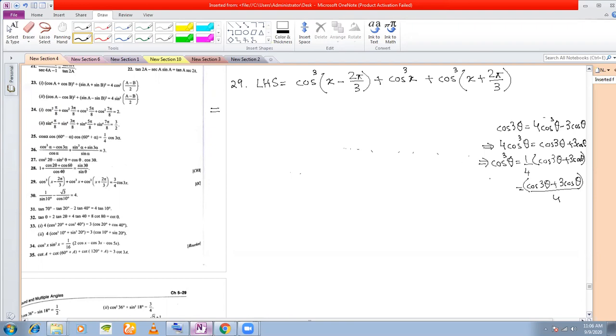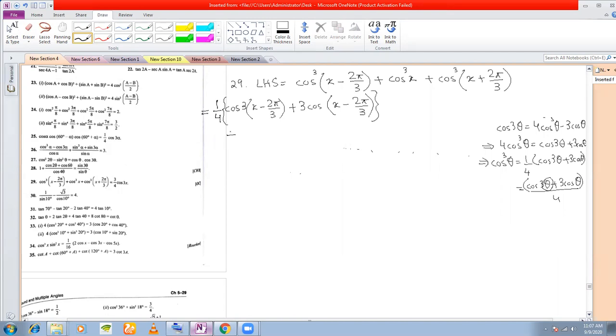Okay, so cos cube (x minus 2 pi by 3) can be written as 1/4 of cos 3(x minus 2 pi by 3) plus 3 cos (x minus 2 pi by 3), isn't it? Because theta is x minus 2 pi by 3.